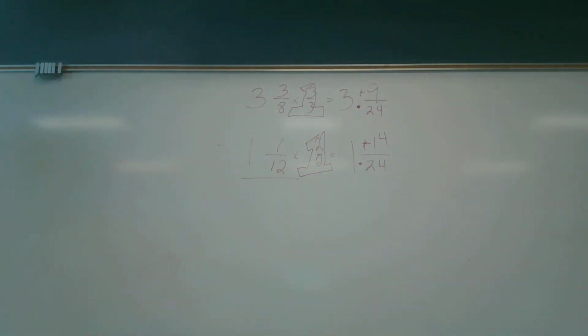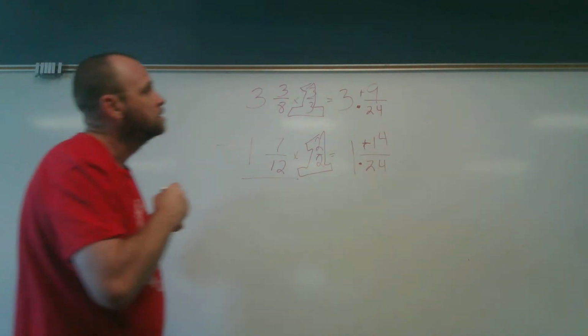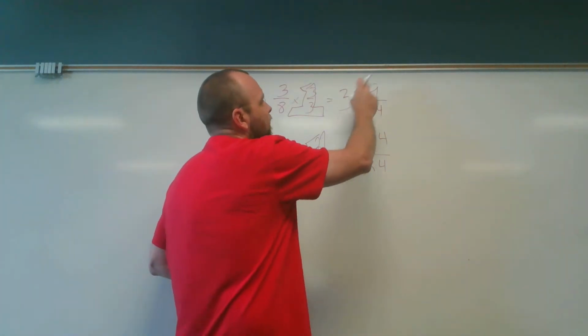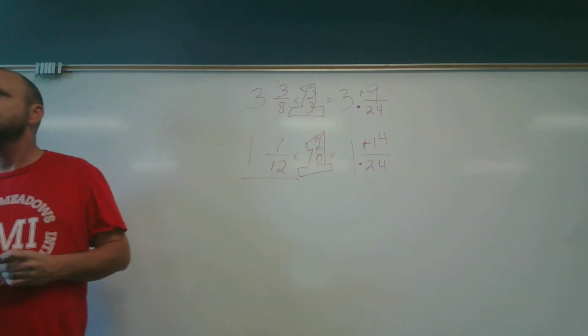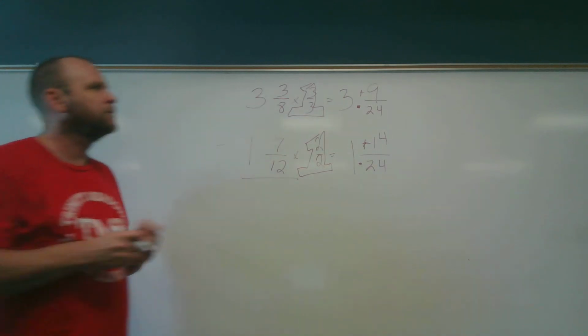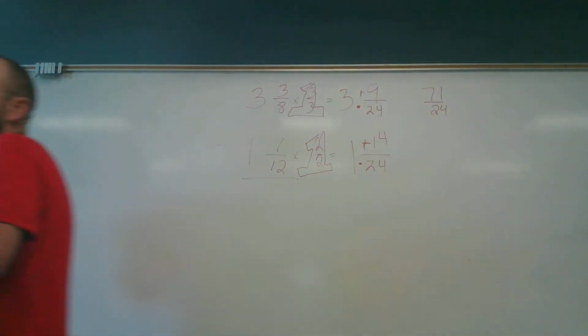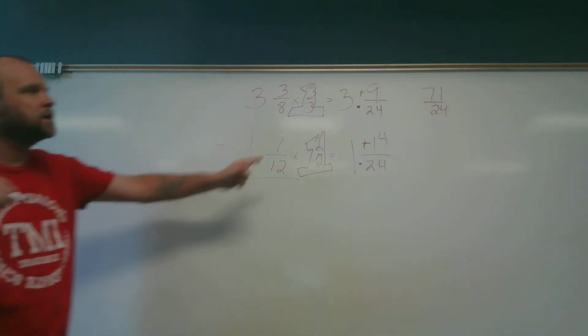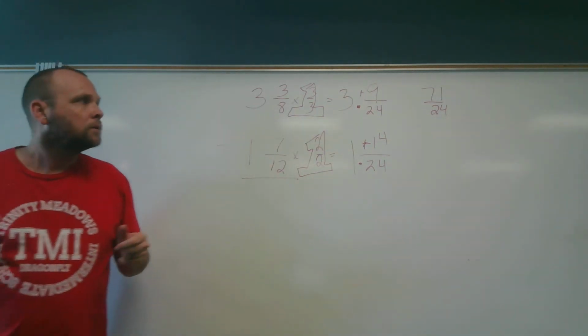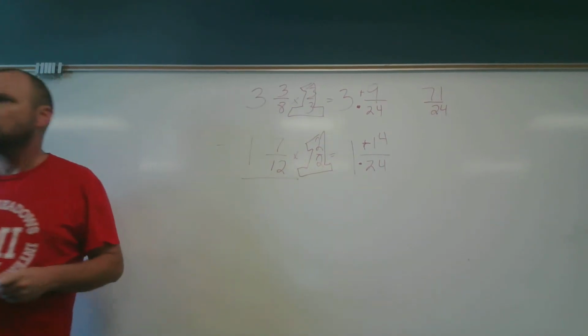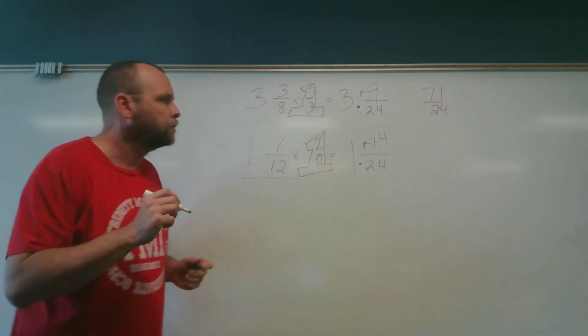Oh, let's go Angelica. What'd you get? 3 times 24, then add 9. 71 over 24. Angelica, you're doing 24 times 1 plus 14. 38.